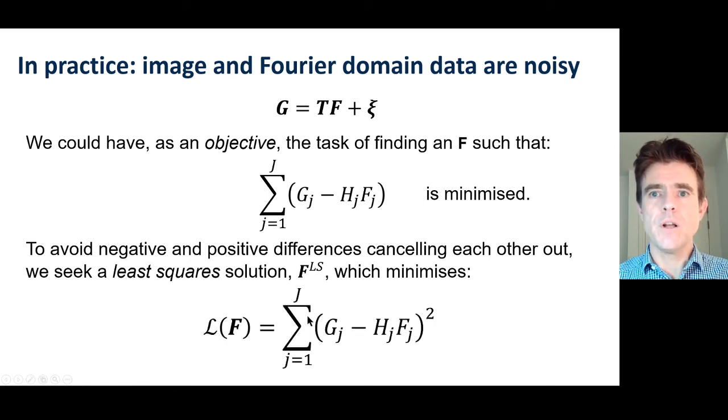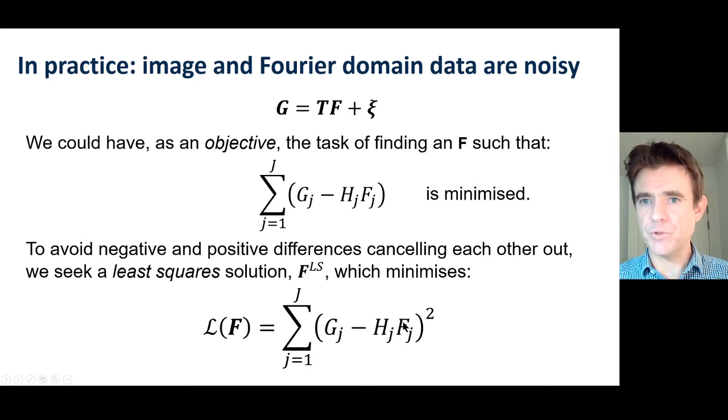Okay, so that allows us to define this least squares cost function or loss function or objective function, whatever your preferred notation is. I guess I'm using L for loss here. And so you can see it's basically the same, saying find the F, which when you forward model it by using the transfer function needs to match the spectrum of the back projected image.